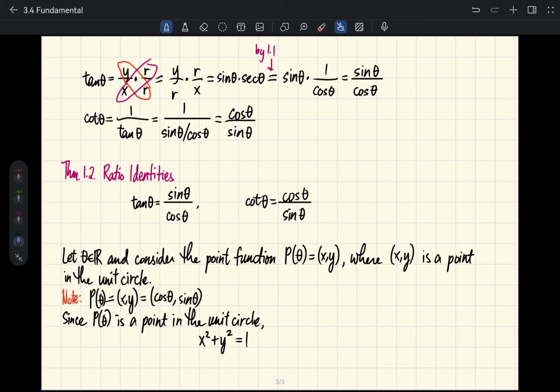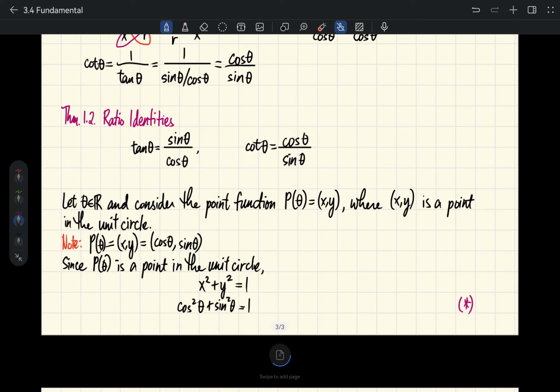So we have right here cosine squared theta plus sine squared theta equals 1. This one right here is the first Pythagorean identity. I'll just put a star here since we will be using this to derive the other identities.